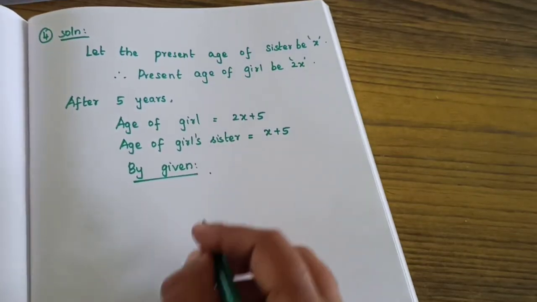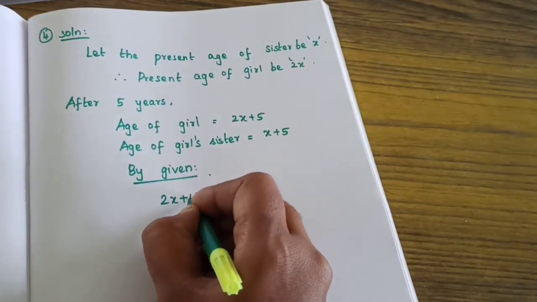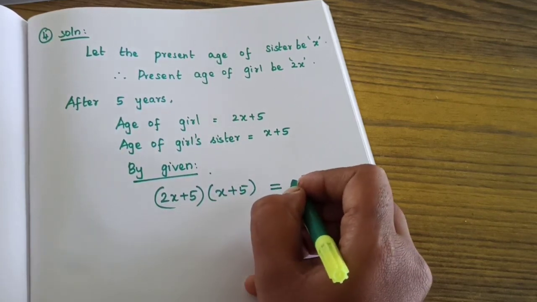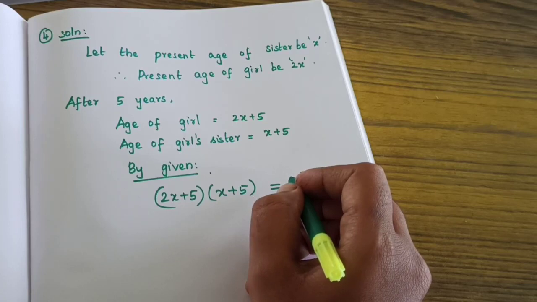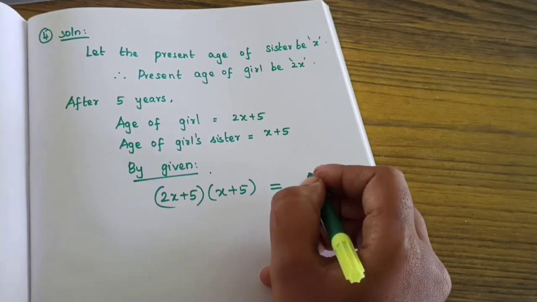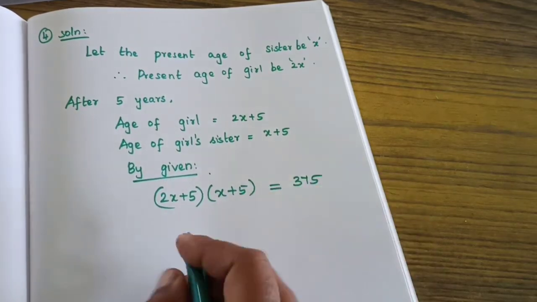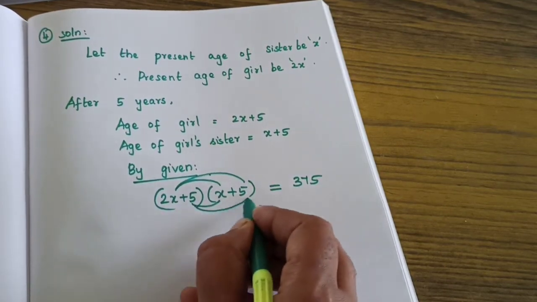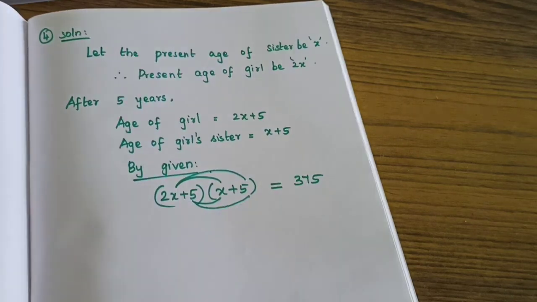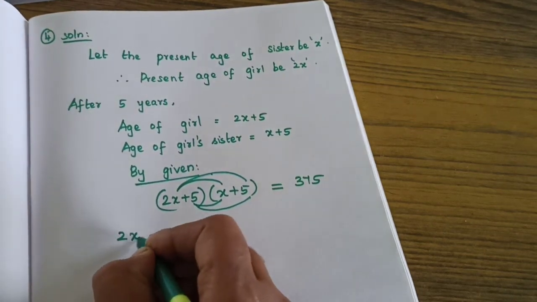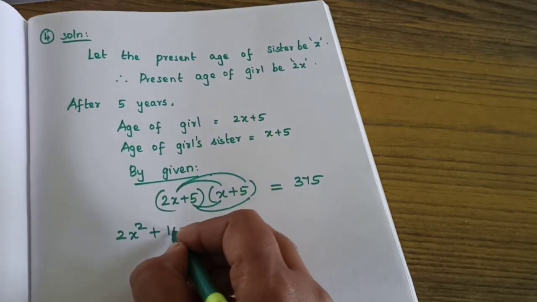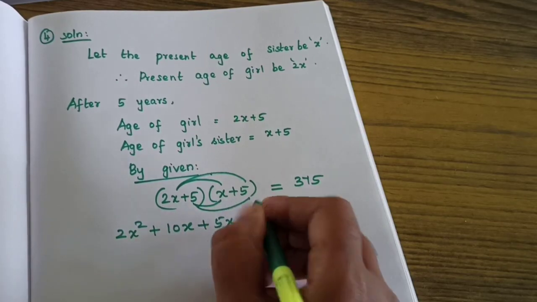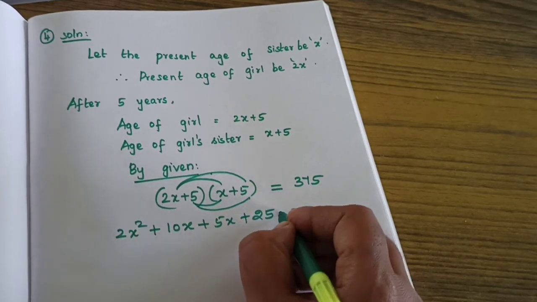So what is the data given? When we take the product we are getting 375. Okay. Just multiply this. Bracket multiplication only. So 2x into x. What's the answer? 2x square plus multiply this 10x. Then this 5x plus 5 5s are 25, and take this term to this side.